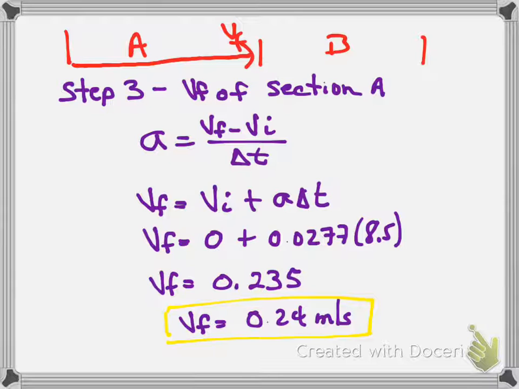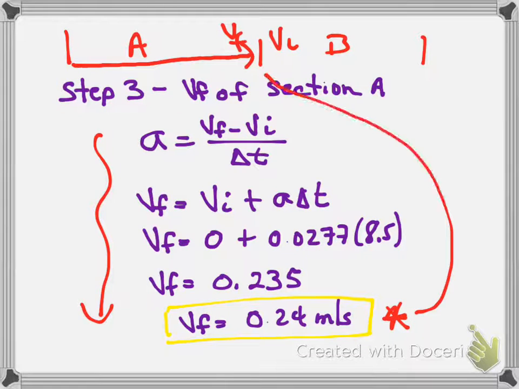The reason we want to find the final velocity of section A is that we can use that information and make it the initial velocity of section B. So we're going to go through this calculation. We know the initial velocity and the time, and we're going to be able to substitute that in and figure out the final velocity of section A. So we're finding this point here.